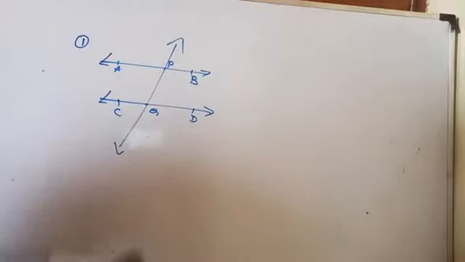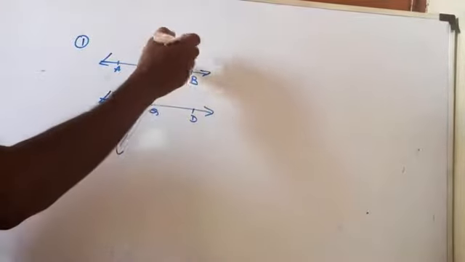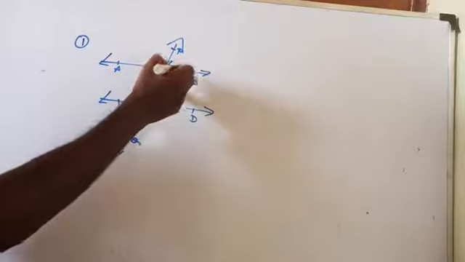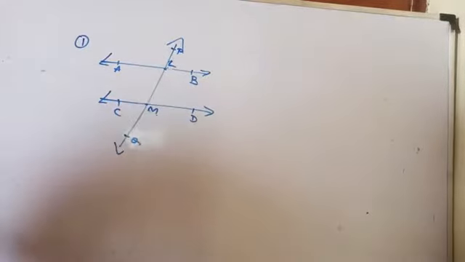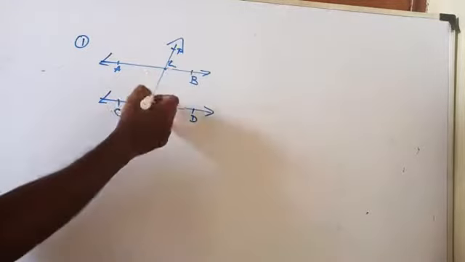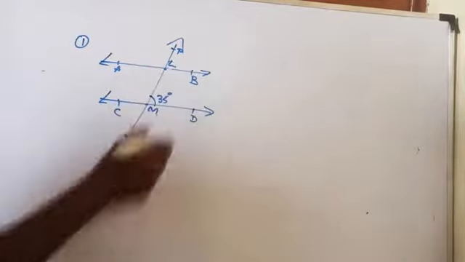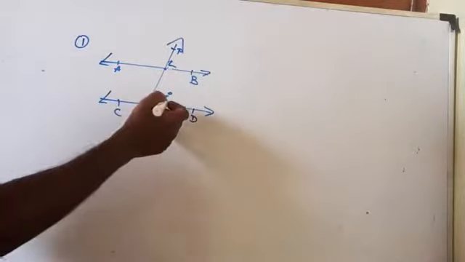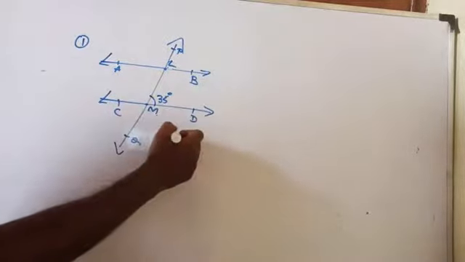PQ intersects the lines at L and M. So this is a line PQ intersecting at points L and M. Given that LMD is 35 degrees, find the measure of all other angles.